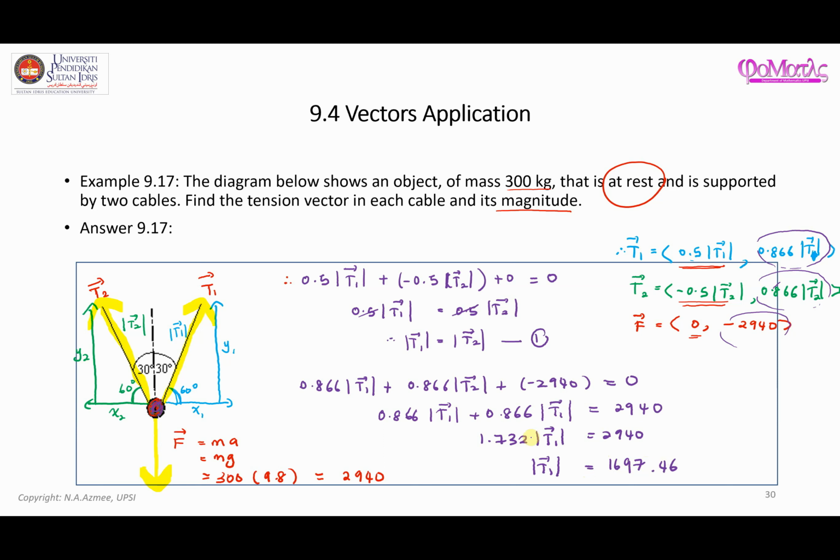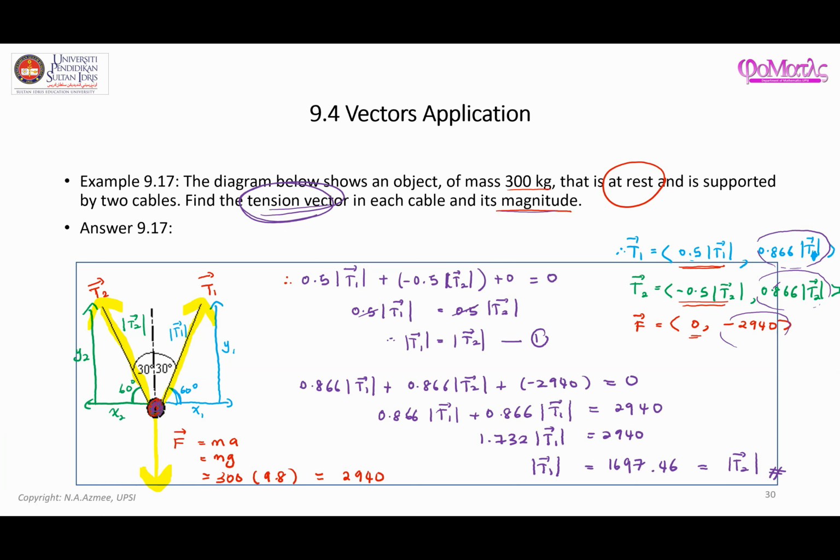So that is the magnitude of tension vector 1, and the result here is equal to the magnitude of tension vector 2. Okay, so that is the first part. We have found the magnitude of each tension vector. Now we are going to use this answer and plug it into this part accordingly, and you will be able to find the final answer for the tension vector. So we're going to do that now.